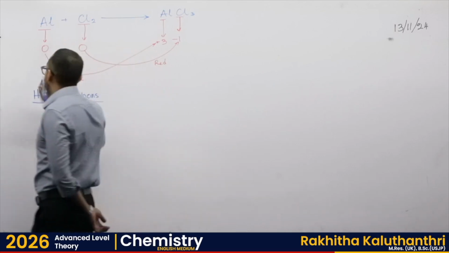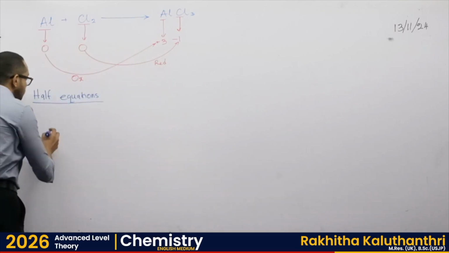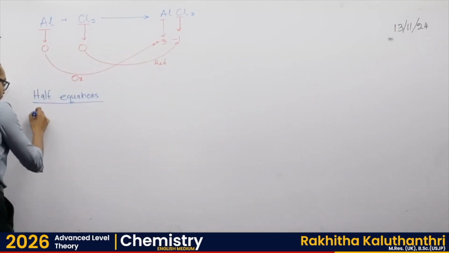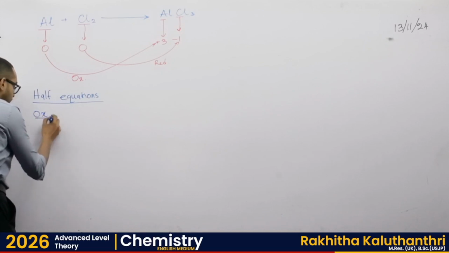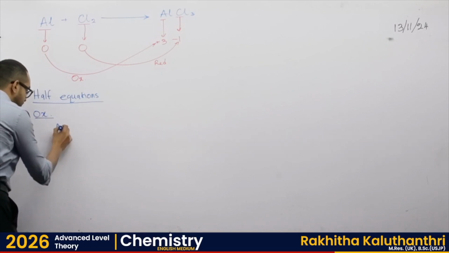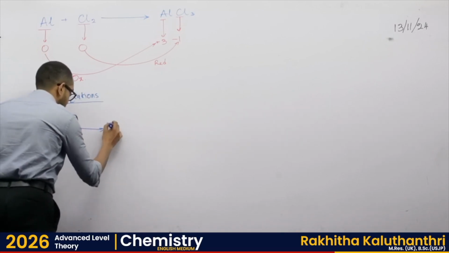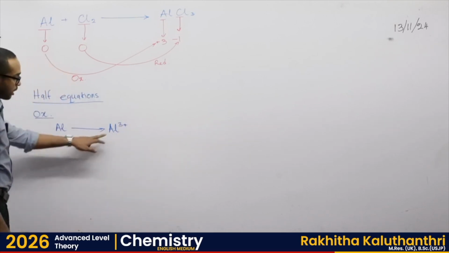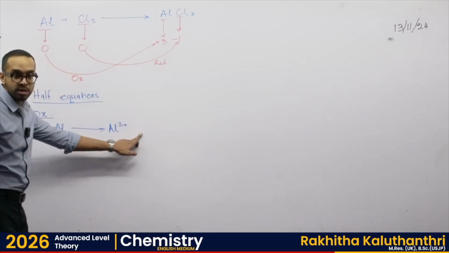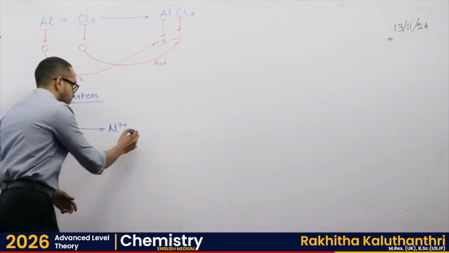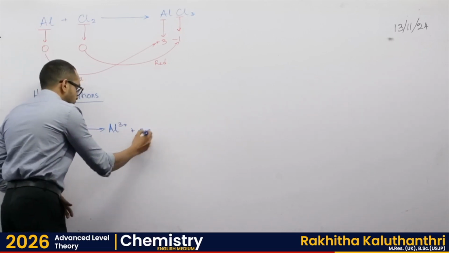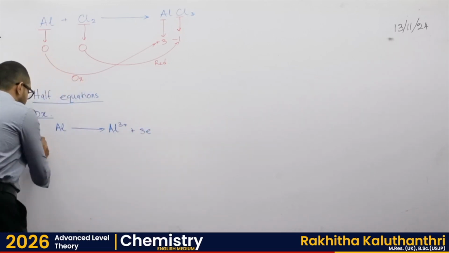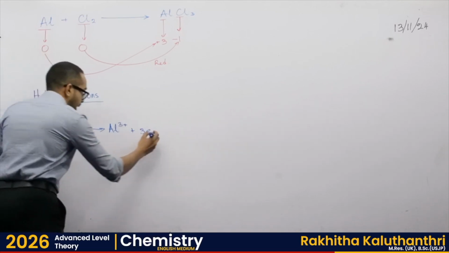So over here we have aluminium oxidizing. If I write the oxidation half equation, it's going to be aluminium turning into aluminium 3 plus. To produce aluminium 3 plus, how many electrons should I lose? Obviously 3 electrons. Now I'll number this equation, okay?